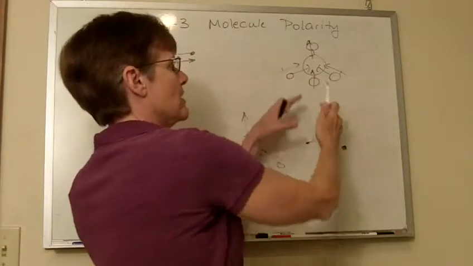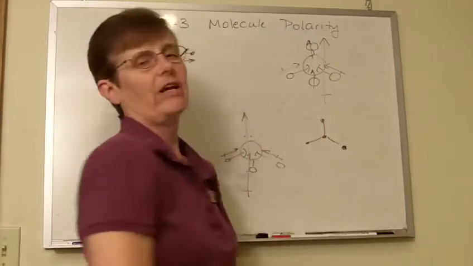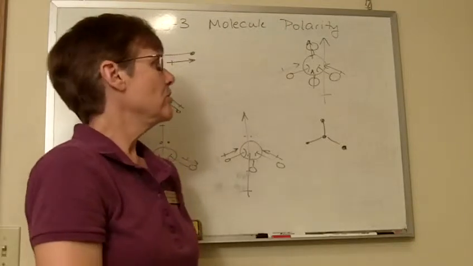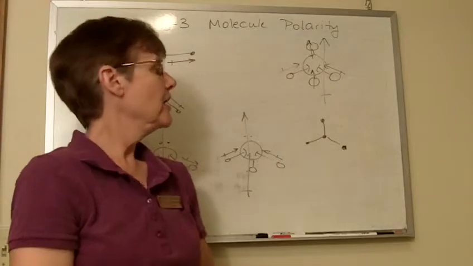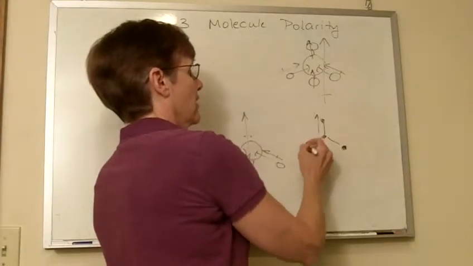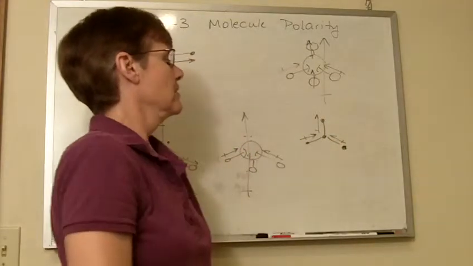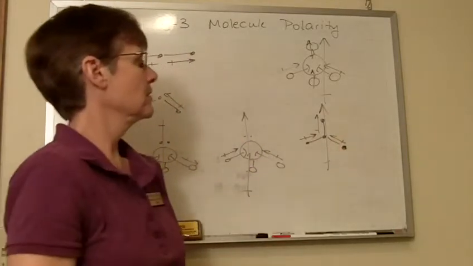Now maybe you can see that that's all going to be shifted kind of in the upward direction, and I would draw an arrow like that and say, yes, that could be a polar molecule. So you can see that the shape affects this a whole lot. You could get that same kind of thing going on here too. Like you could have that and this and this, and that overall would give you a big upward shift like that.